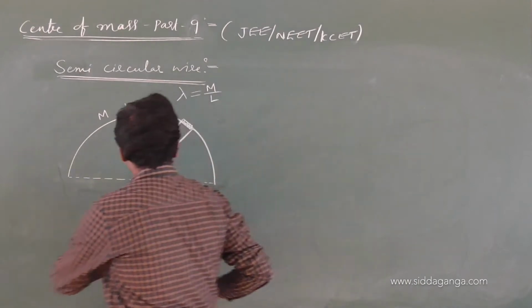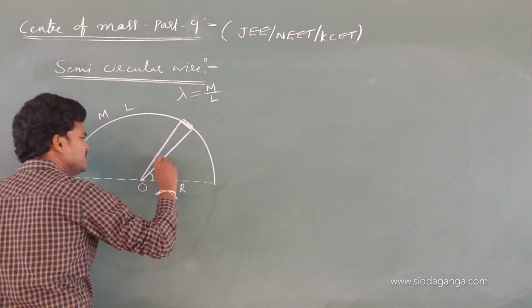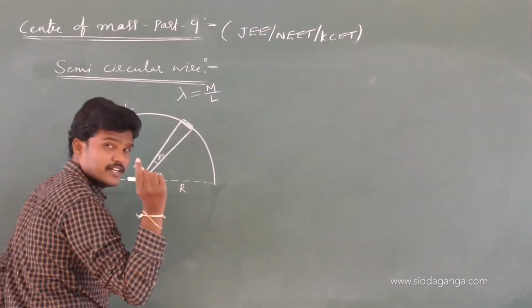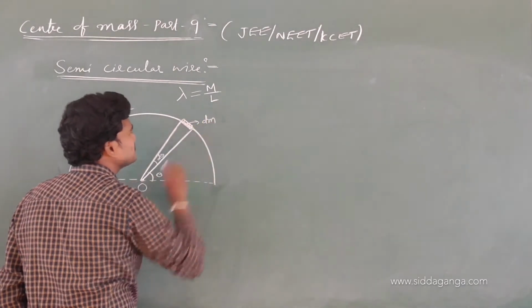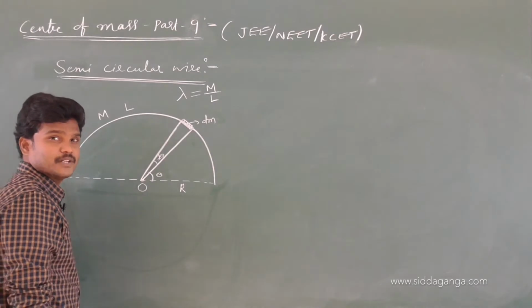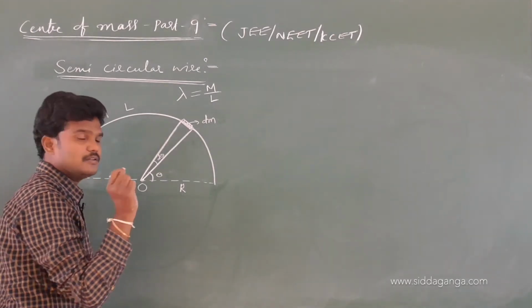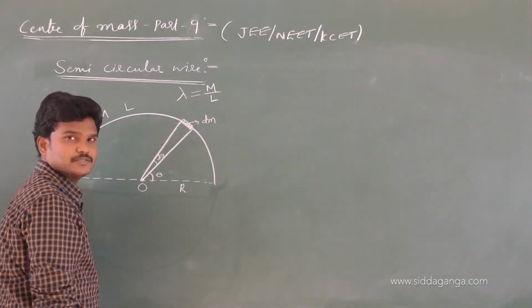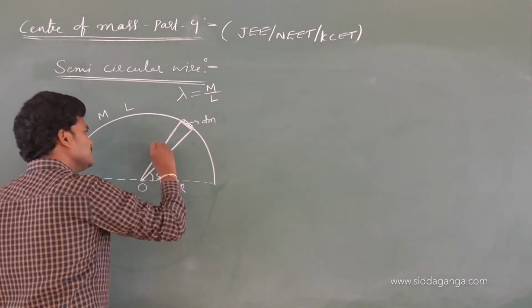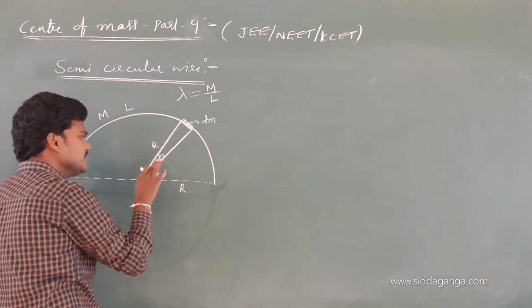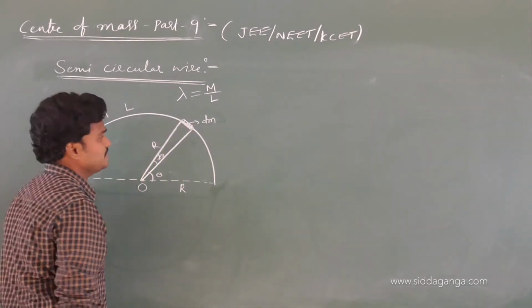If this is theta, what is this? d theta, a very small angle. And here there will be a mass dm, the small elemental mass. If this is r, this is the radius. d theta is the small angular displacement.